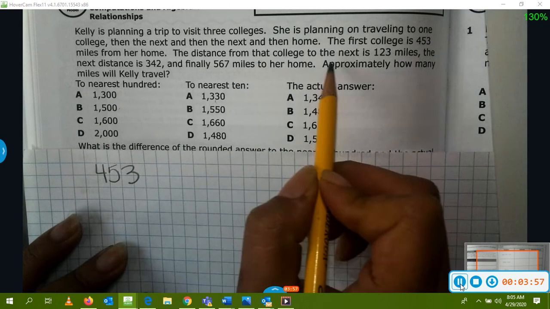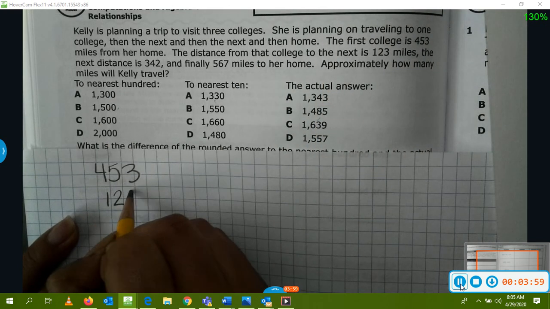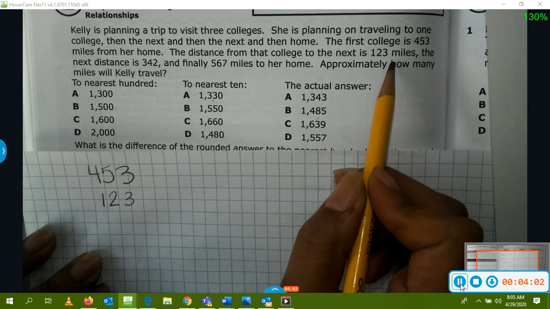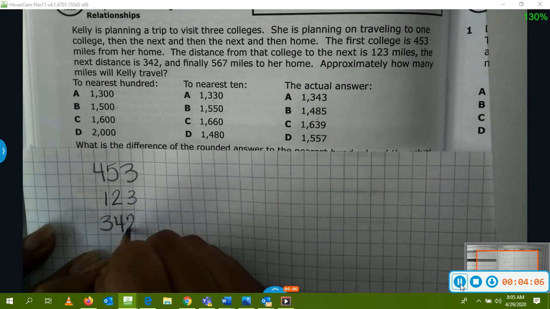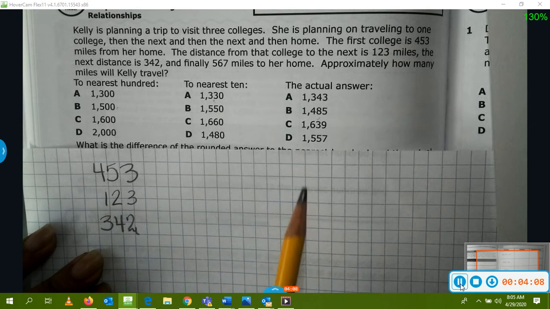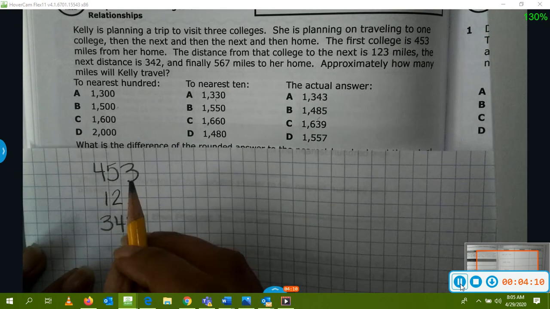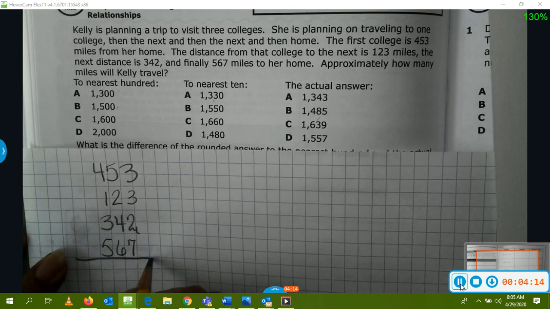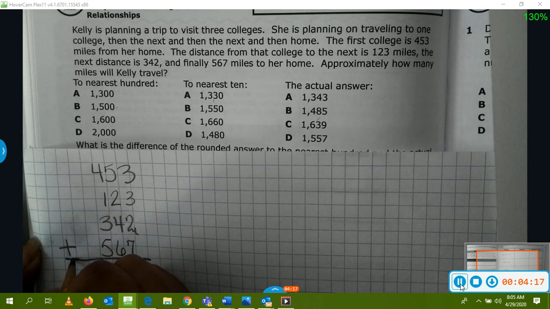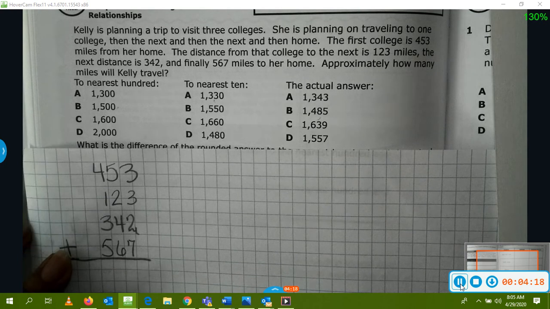Then the second one is 123. And then 342. And then 567. Then we're going to add all of these numbers, because that's going to give us our total.